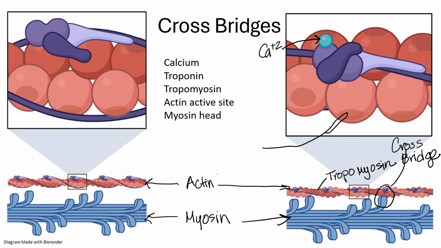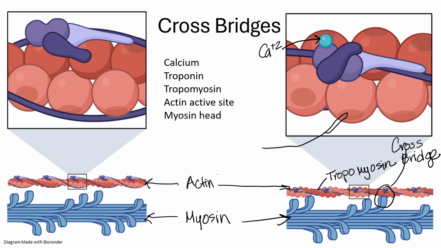All right, so now let's put it into motion a little bit. If a muscle fiber becomes flooded with calcium from the sarcoplasmic reticulum, all of these calcium cations will attach to these troponins. Calcium is like a key, and troponin is like the lock. So putting the key into the lock will open the door, or will move tropomyosin to reveal those active sites.